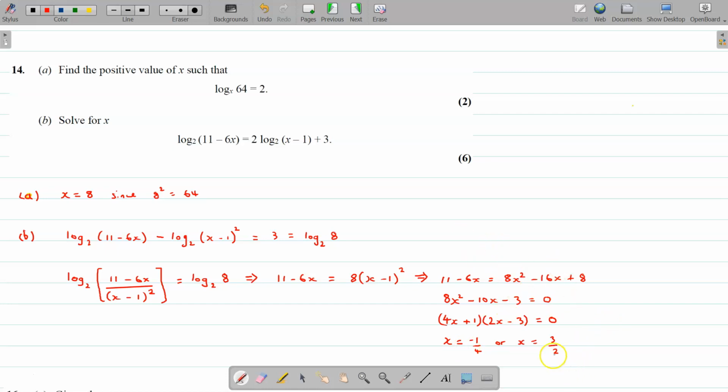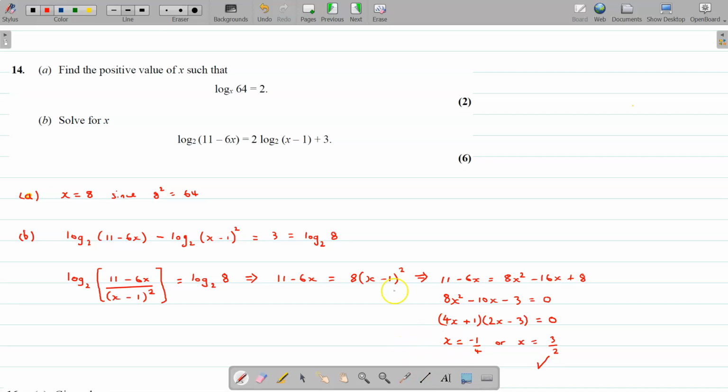So if we put x equals 1.5 into here, 6 times 3 over 2 is 9, so 11 minus 9 is 2, that's fine. And if this is 1.5 here, 1.5 minus 1 is a half, that's also a positive number. So this solution here is fine.